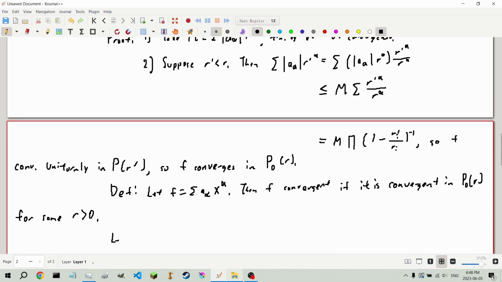Now, here's a remark. Let f, the sum of a sub alpha times x to the alpha, be convergent in P sub 0 and the strict polydisk of radius r.